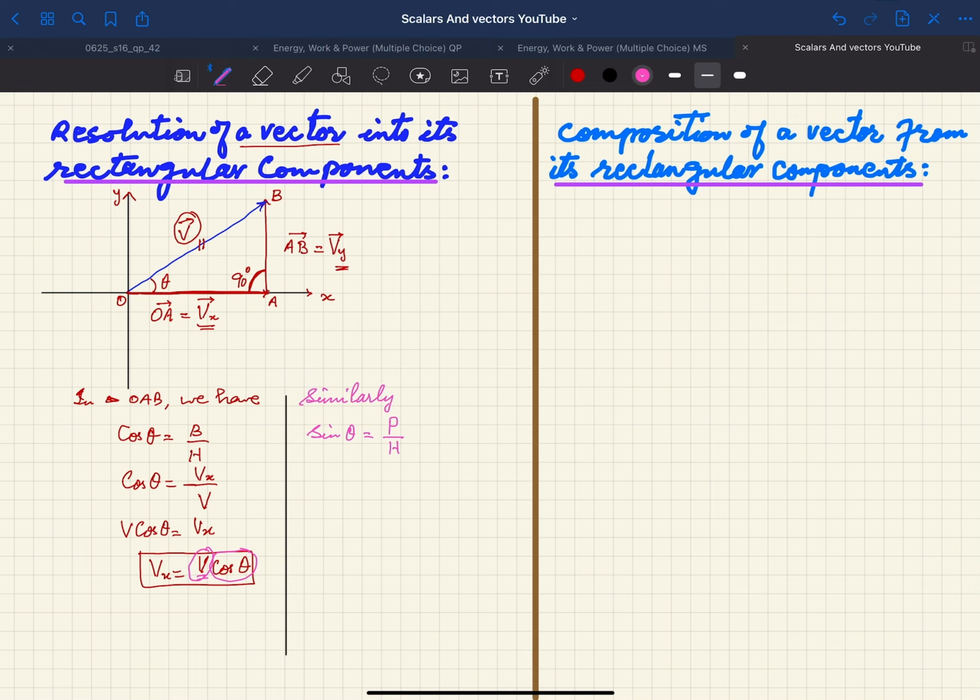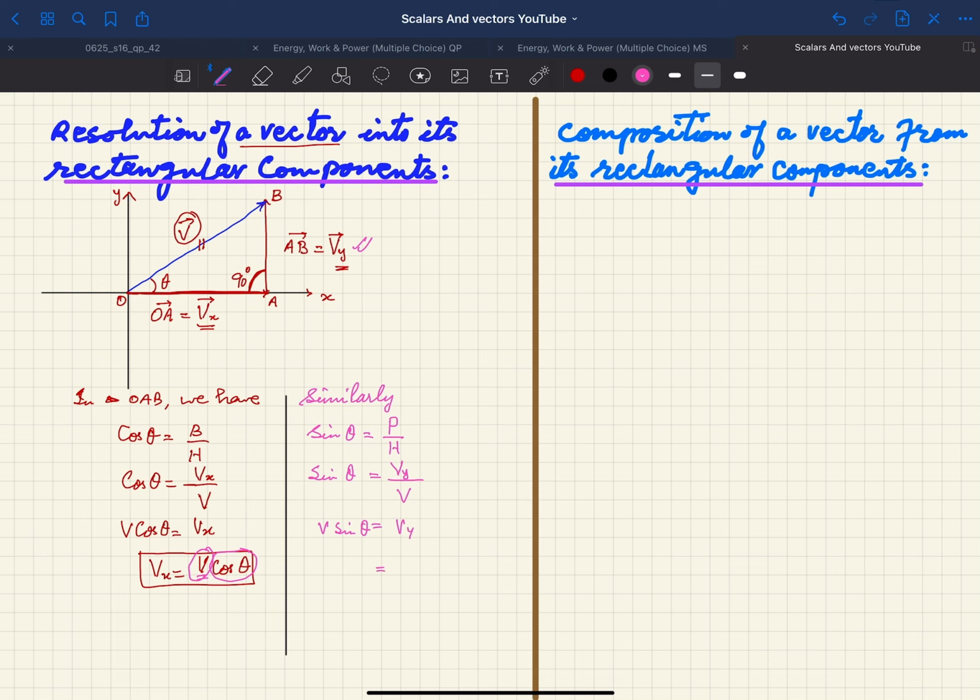Here the perpendicular is nothing but Vy. So if we want to find the magnitude of Vy, the y component of the given vector V, we can use V sine theta.